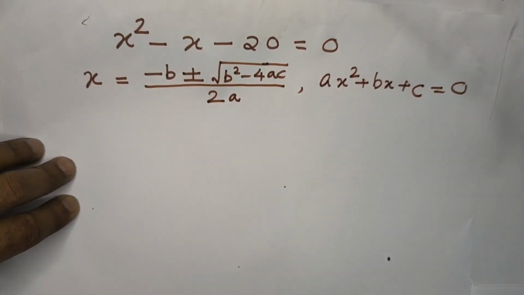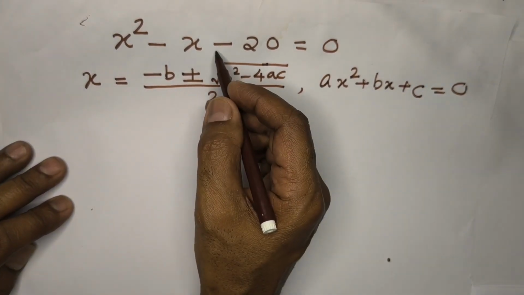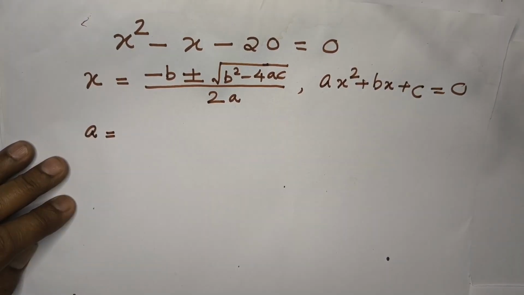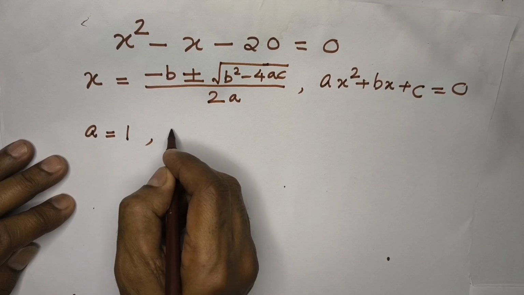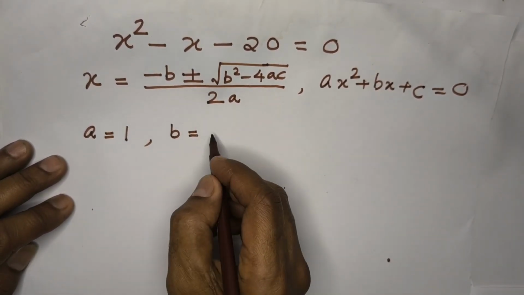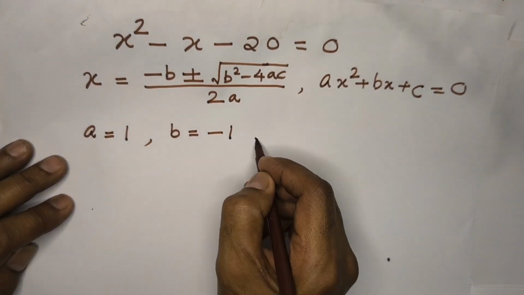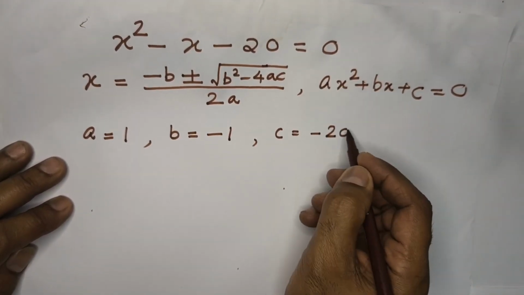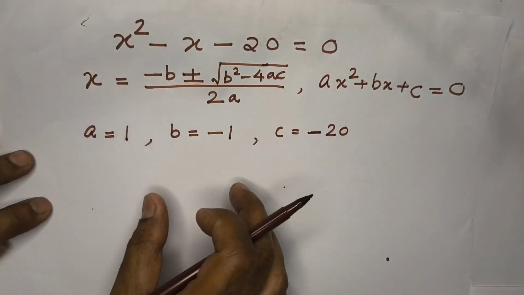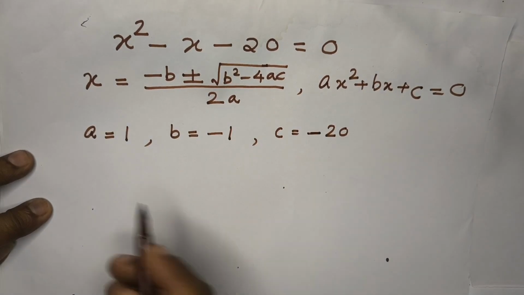This is the general form of a quadratic equation, where you compare this to the quadratic equation we have. A is equal to 1 and b, that is the coefficient of x, is minus 1. And then there is a constant term c, which in this case is minus 20. Don't forget the minus and plus sign while writing the coefficients. Now you simply apply these values in this formula. You will get both the solutions.